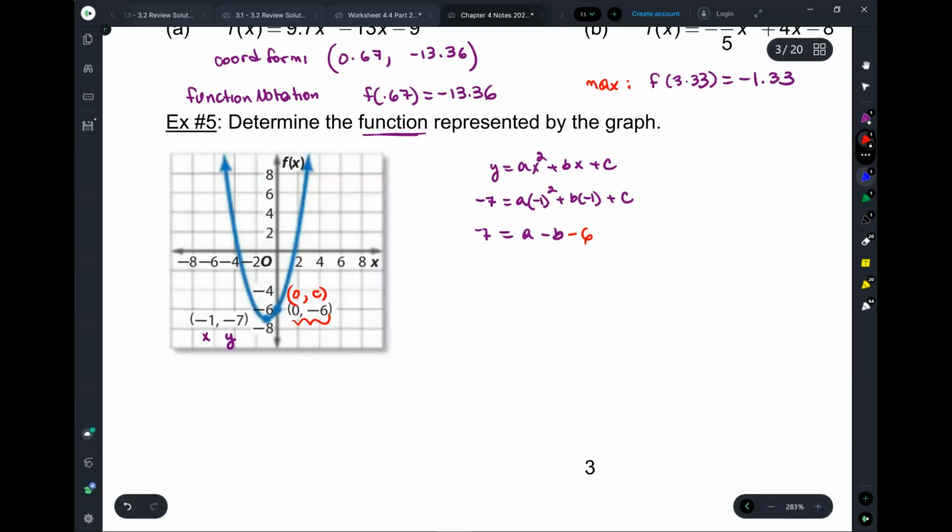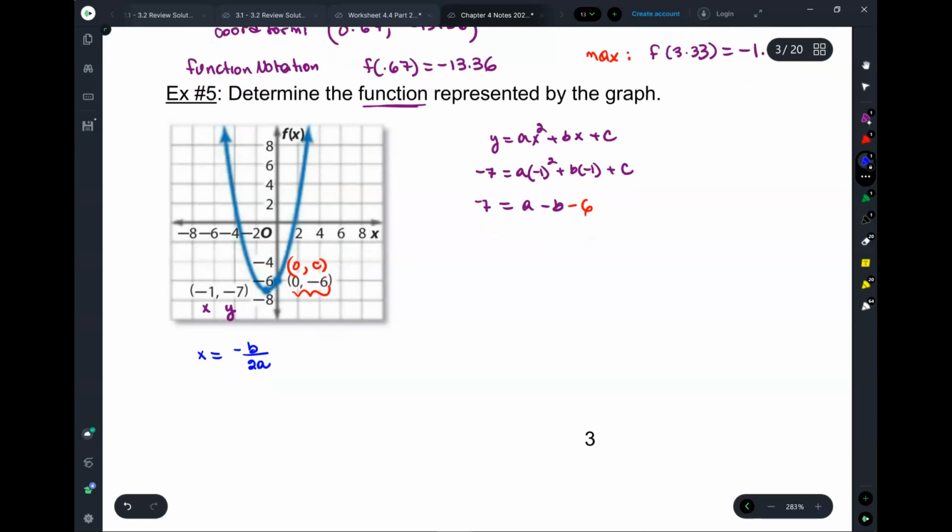What we also know from here, since this is the vertex, is that the x-coordinate of the vertex is negative b over 2a, right? In this case, what's the x-coordinate of the vertex? Negative 1, right here. This is the vertex here.